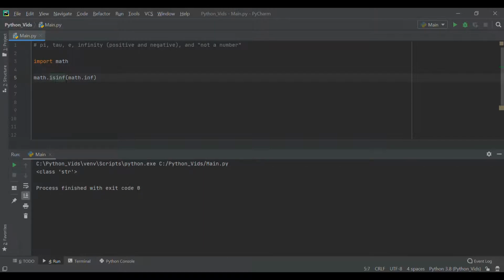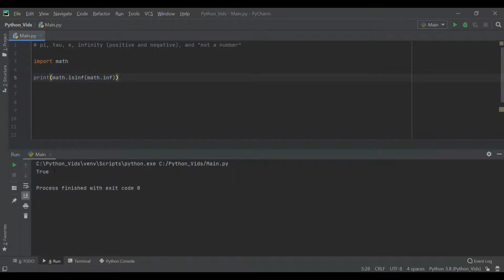This is asking, is it infinity? And then math.inf is, as you'll recall, the float value that gives you the inf. Well, is this an infinite value? Well, of course, that didn't do anything because we'll need to print it.